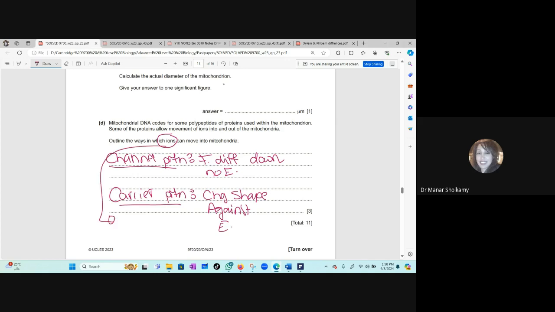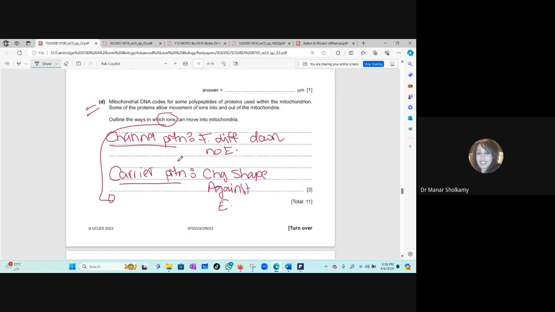So this is a nice question. Ions cannot move because the phospholipid bilayer has a central hydrophobic core, and the ions are polar. So you can start by saying that. They need help. So they need either channel protein or carrier protein for the ions to move so that they can cross the hydrophobic core, because these proteins have a hydrophilic core.